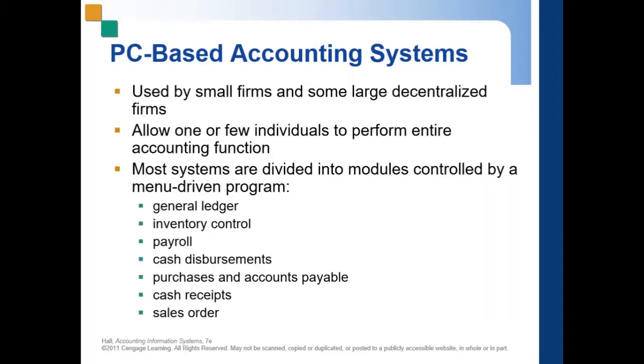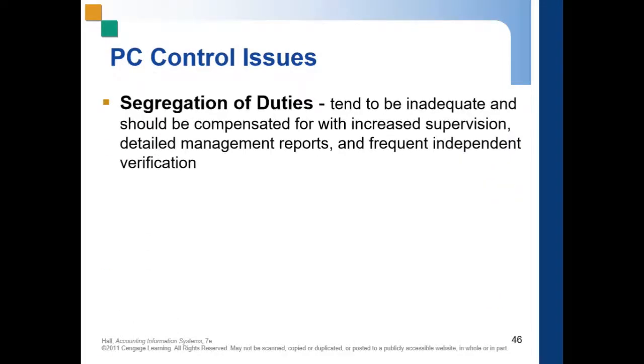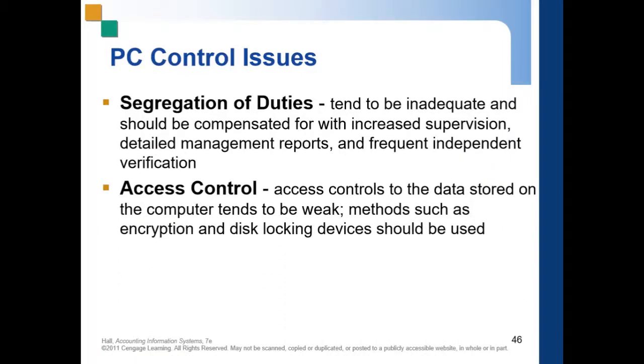PC systems also have made inroads with larger companies that have decentralized operations. In PC-based systems, the systems are usually divided into modules which are controlled by a menu-driven program. So, your general ledger is a separate module, and your inventory, payroll, cash disbursements, purchases, cash receipts, and sales order are separate modules. So, in a PC-based system, these are the following control issues.